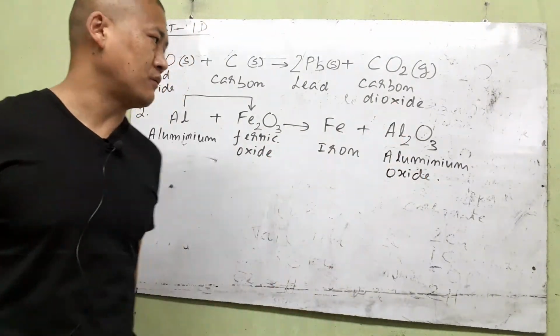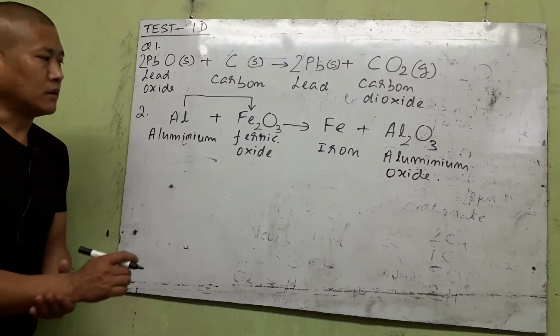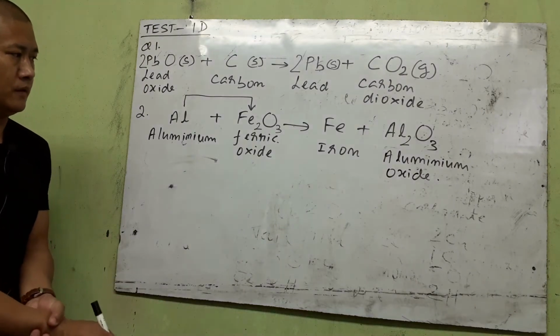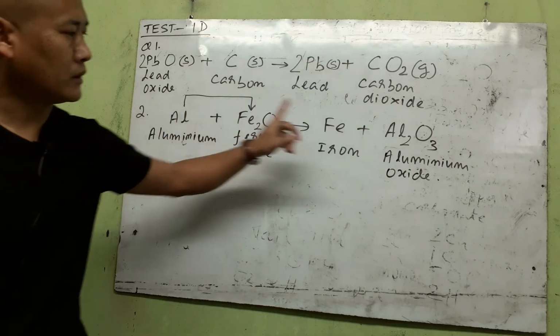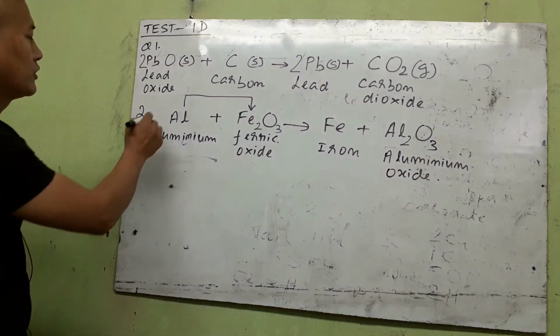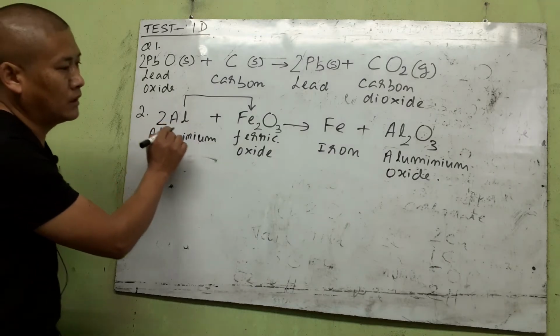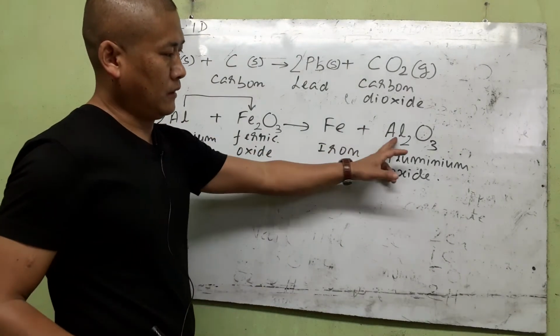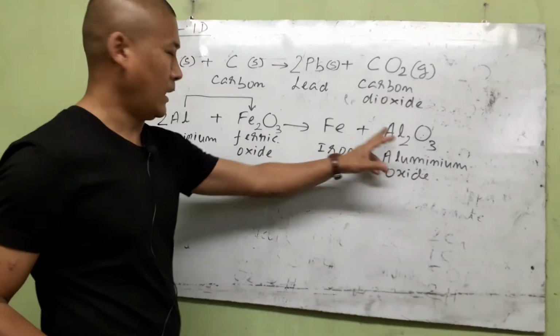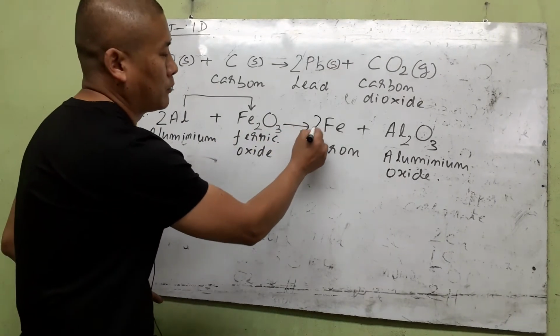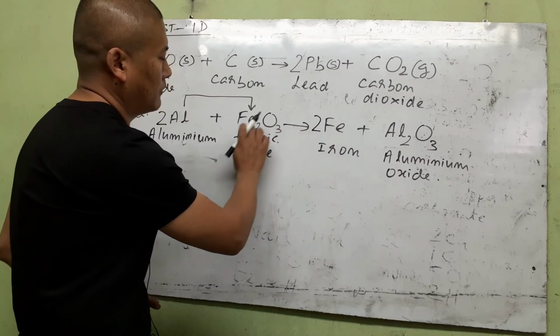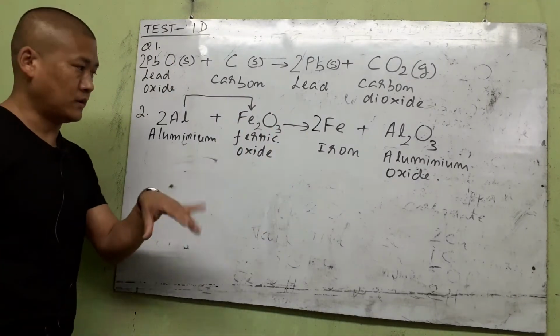So aluminium displaces iron from ferric oxide and gives us free iron and aluminium oxide. This is a displacement reaction. So now it's our job to balance. I think we can start from here, Al 1 and here 2. So you can just put here 2, then 2 ones are 2 Al on the left side, and the right side also 2. Balanced now. Fe 2, but here only 1. We're not allowed to balance from the back, so in front put 2 Fe, Fe 2 balanced on both sides now.